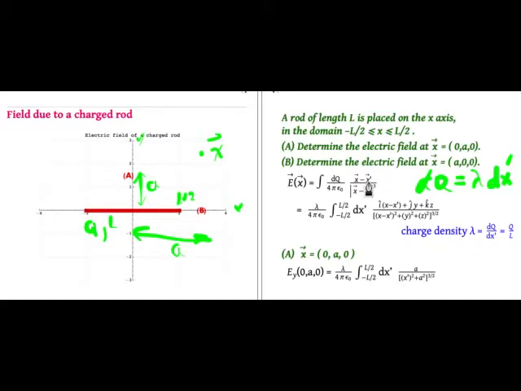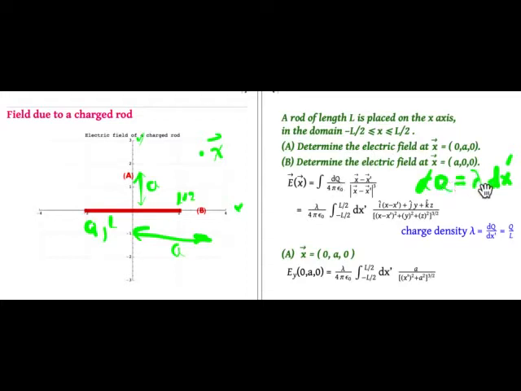So the coordinates of x prime are x prime, 0, 0. The x coordinate of x prime is x prime. The y coordinate of x prime is 0 because it's on the x-axis. The z component is also 0.